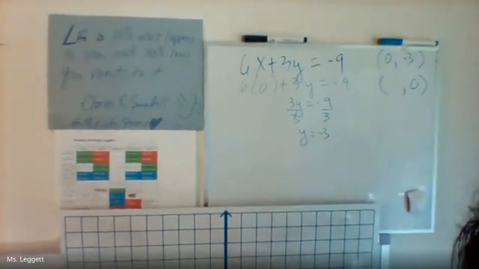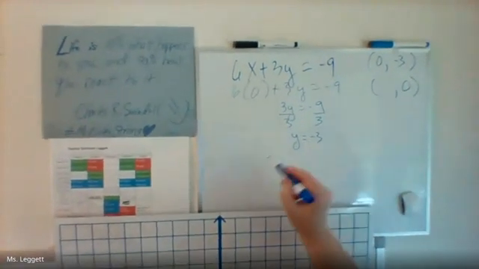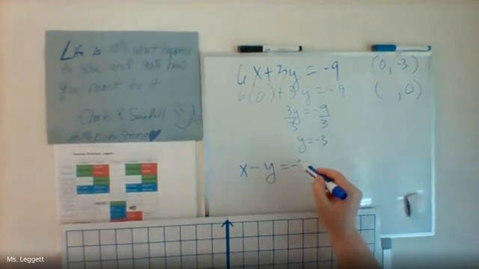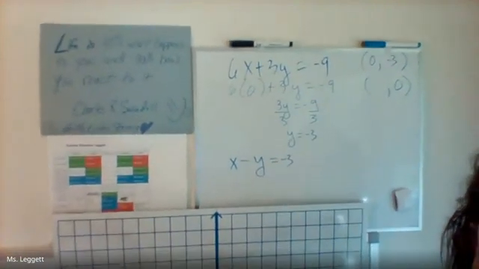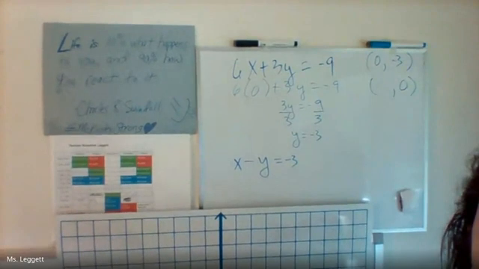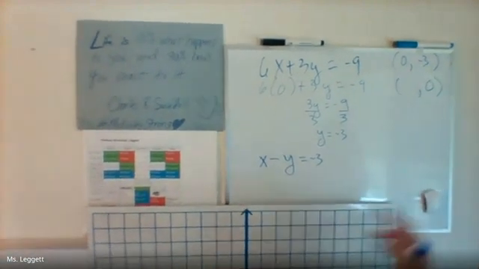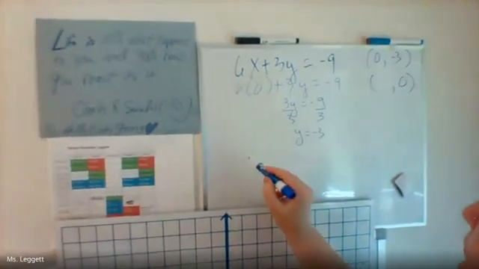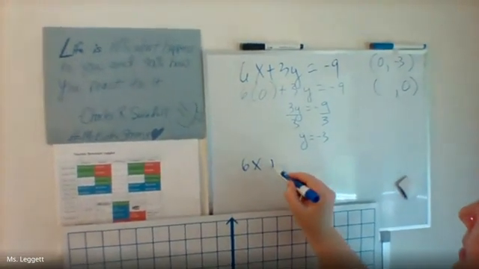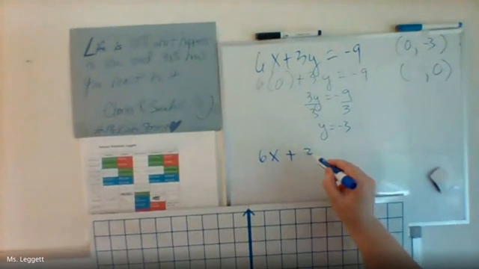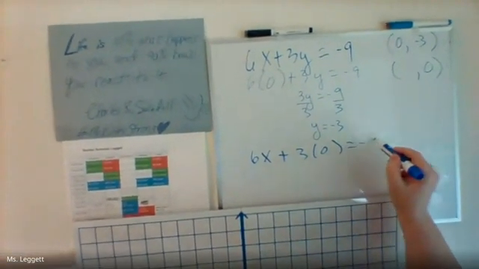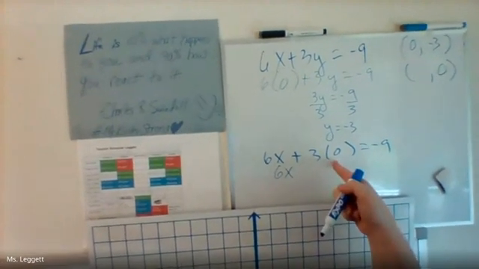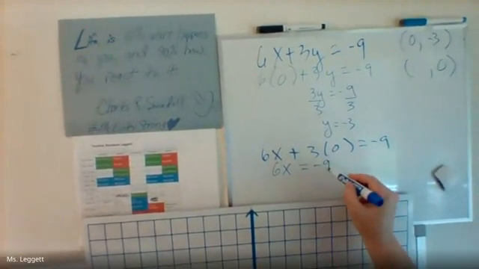The next one was x minus y is equal to negative 3. Oh, I'm sorry. Wait, before I can do that, I need the second point for this one. Sorry. So 6x plus 3 times 0 equals negative 9. 6x plus nothing equals negative 9.